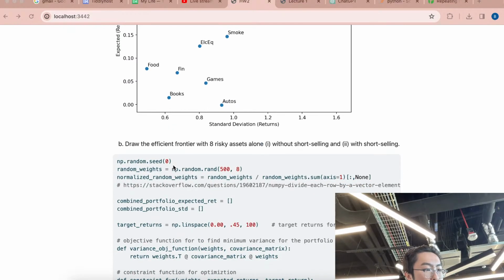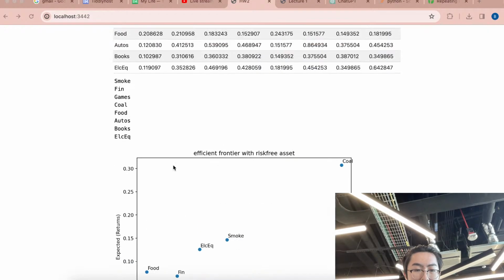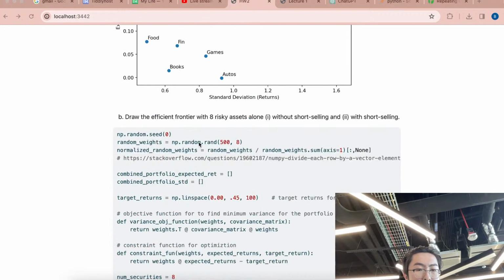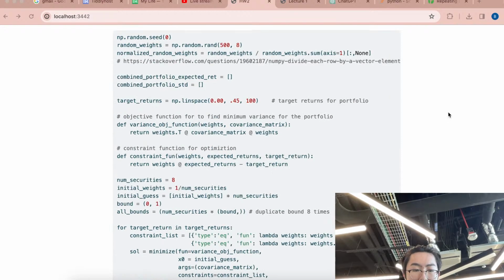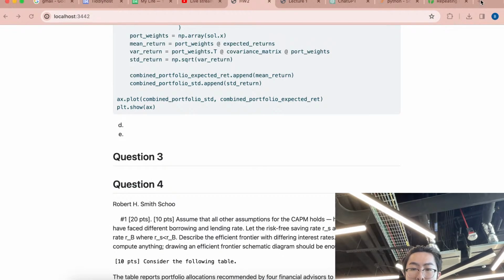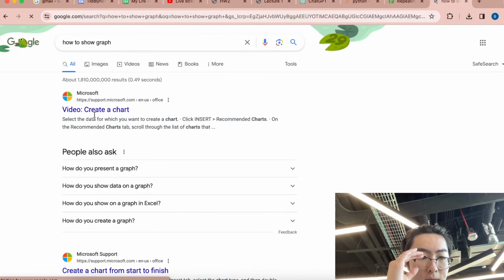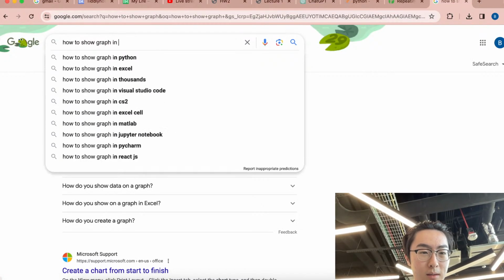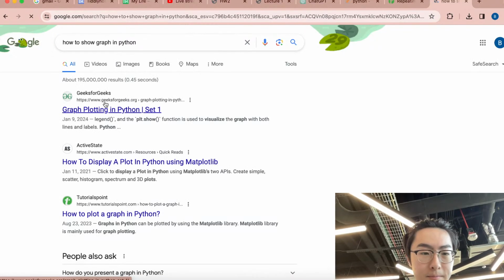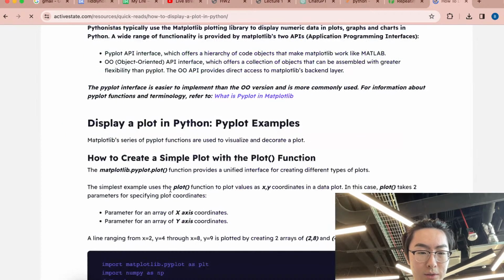Alright, so how do I actually plot this then? Just do display.